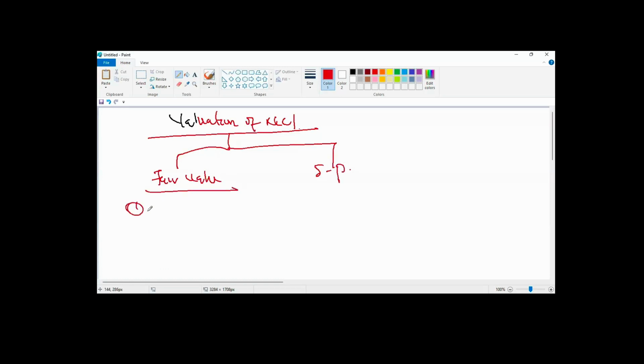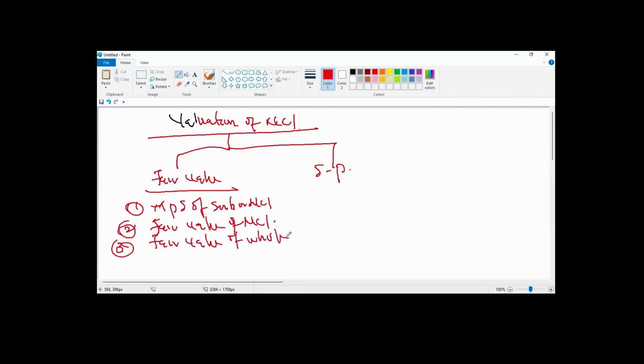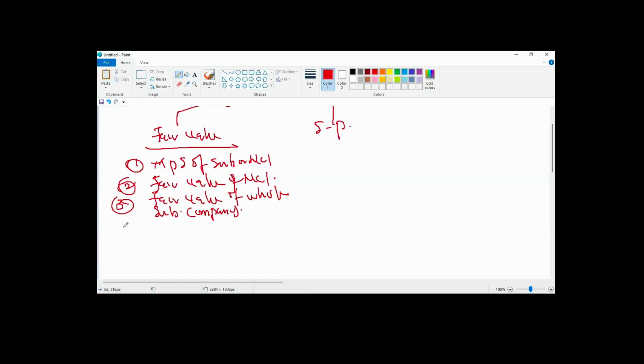If it is fair value, what are the indicators? 1, market price per share of subsidiary or NCI. 2, fair value of NCI. 3, fair value of the whole company, your subsidiary company, which you will mention the name of the company. The last, 4th one, goodwill attributed to NCI.